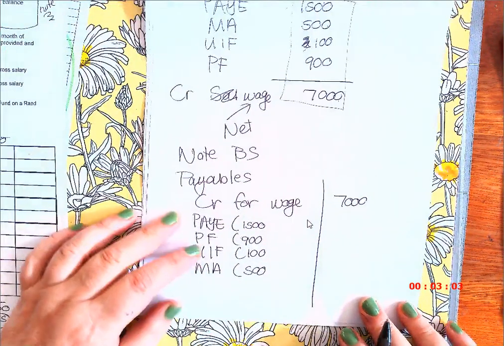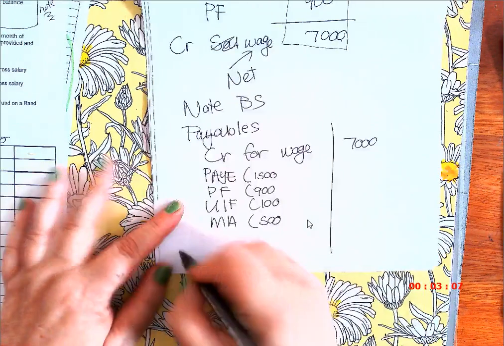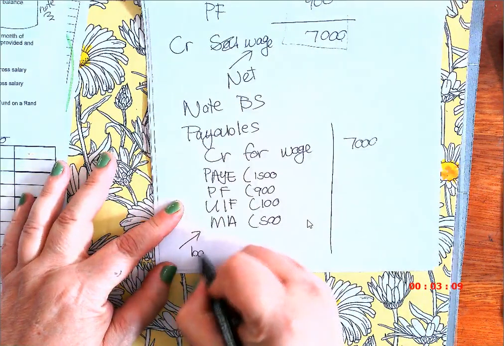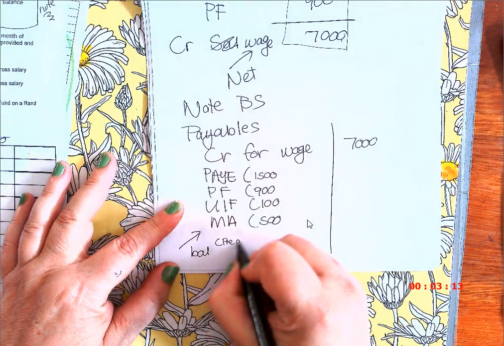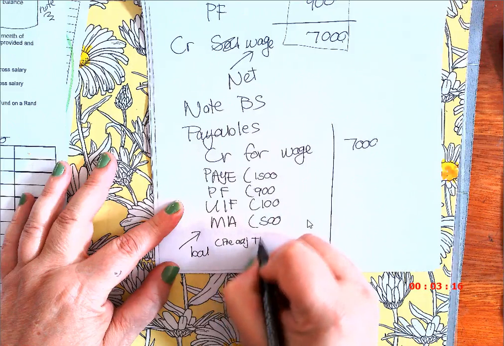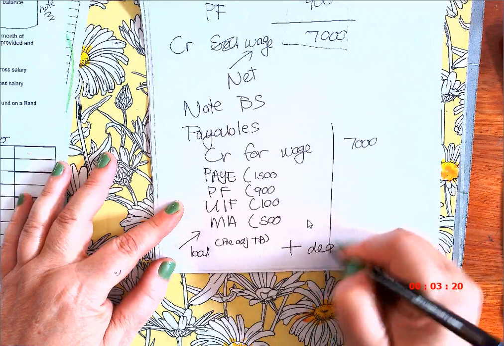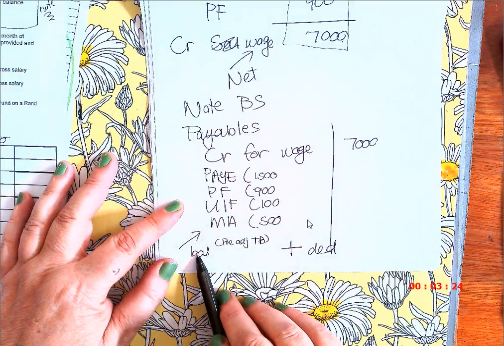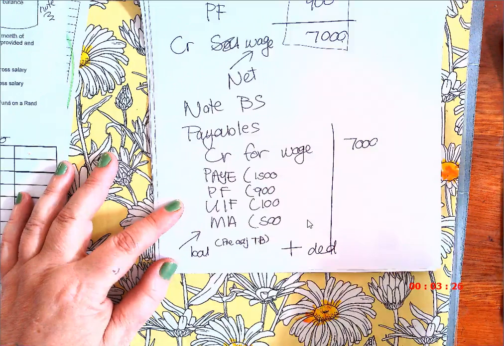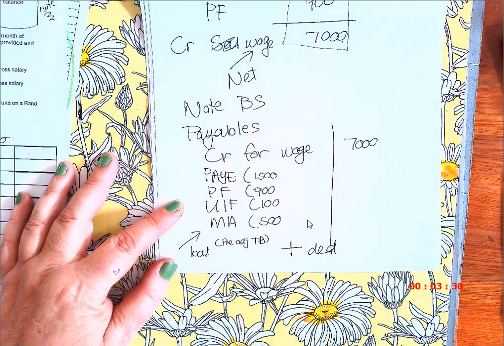If there was a balance in the trial balance, I would also add that. So in other words, here I'm going to take the balance in the pre-adjustment trial balance. I will take that balance. I'll add the deduction, ne? Because I owe this. I haven't paid it yet. That's why it's still in the trial balance. I need to add the deduction because I still need to pay that.